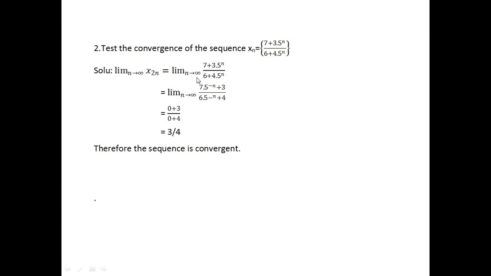Now 5 to the power of n gets cancelled. Since 1 by 5 is less than 1, 1 by 5 to the power of n goes to 0 as n goes to infinity.